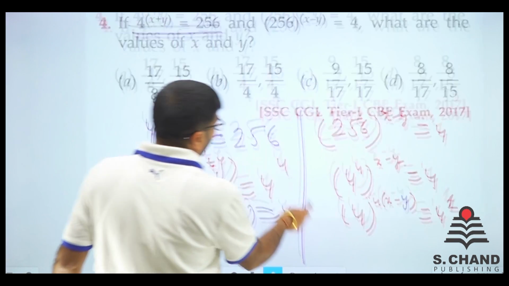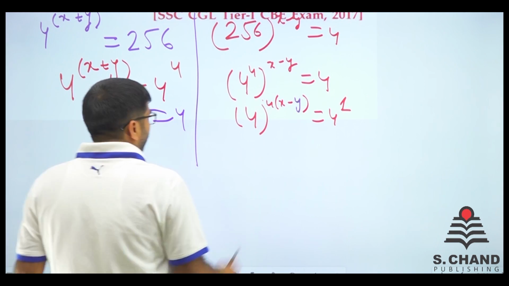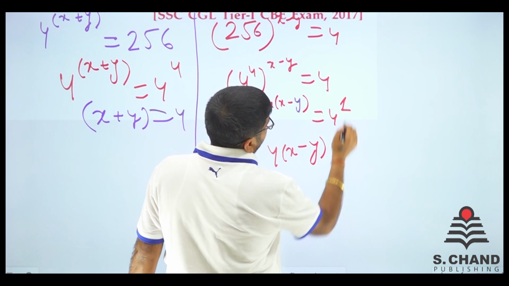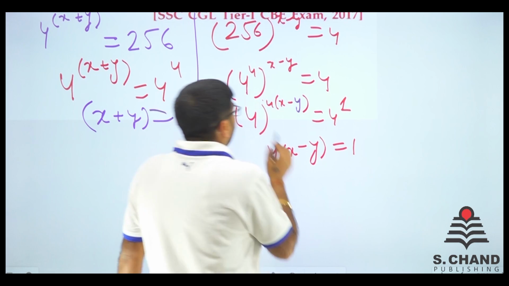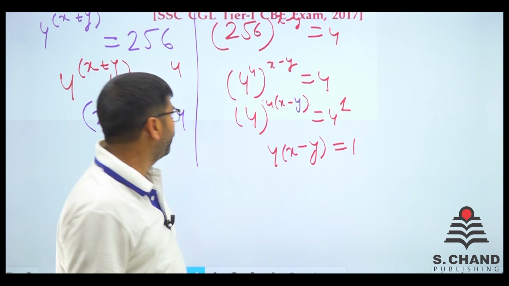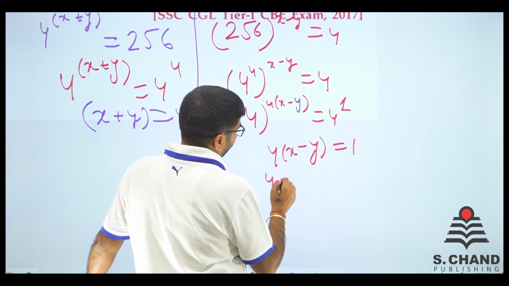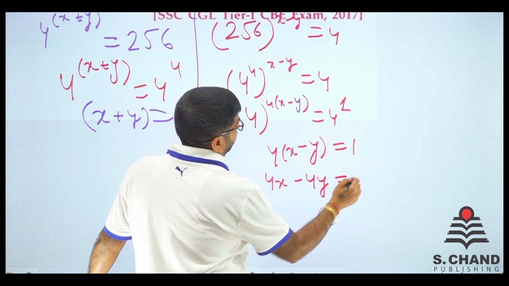So if you solve this, you will get to know that 4x minus 4y is equal to what? 1. Why? Because the base is same. Just do that. So x plus y is 4 and 4x minus 4y is equal to 1.